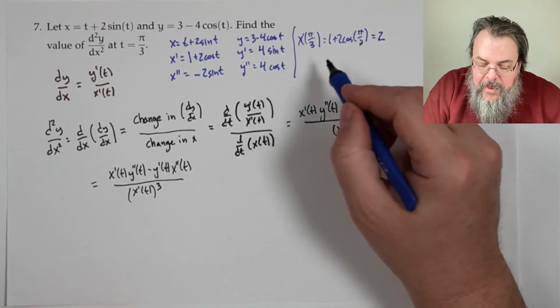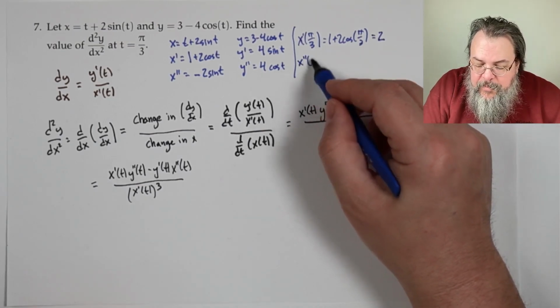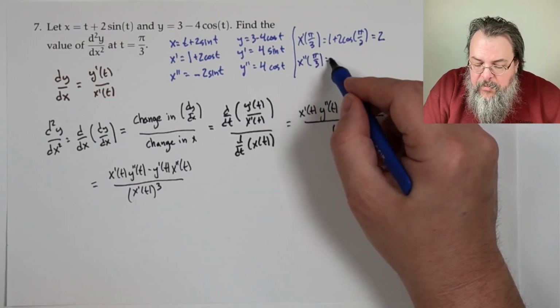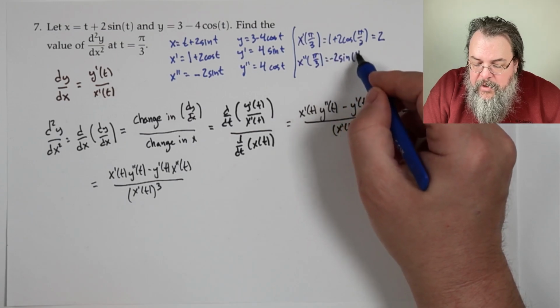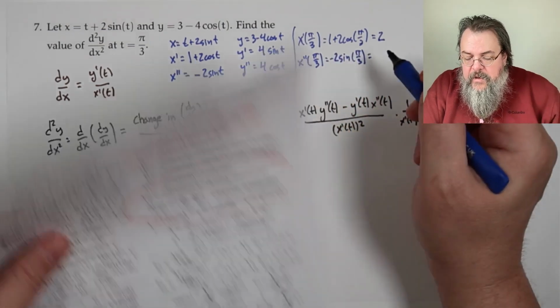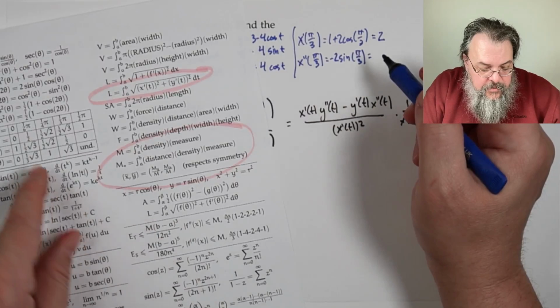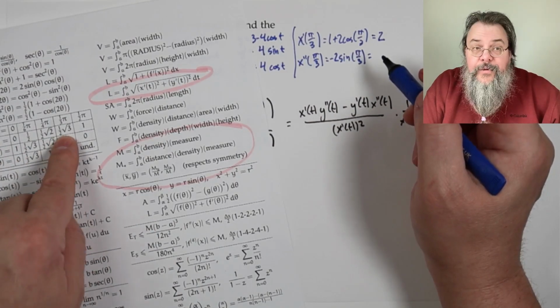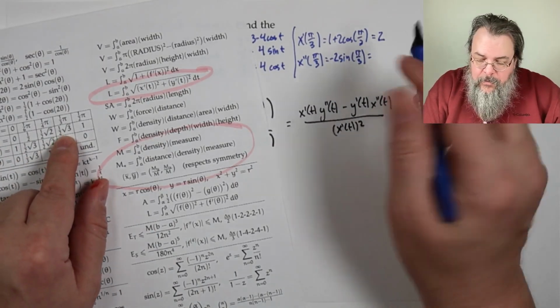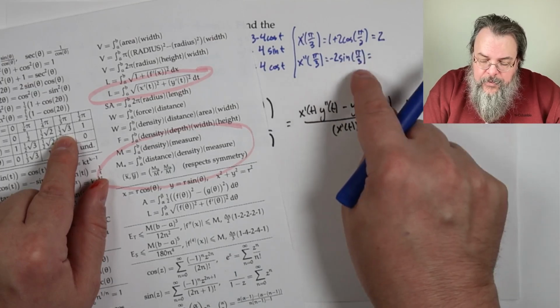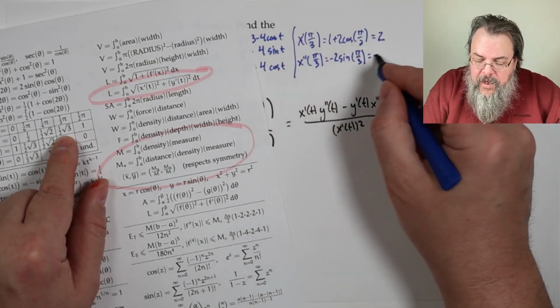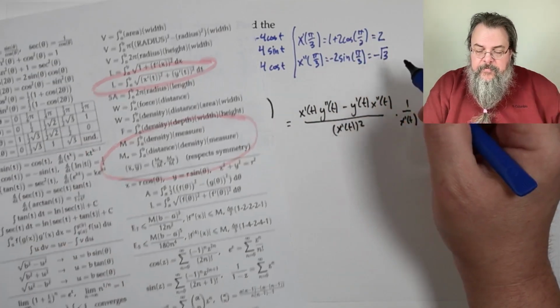Good. X double prime of pi over 3. That's minus 2 sine pi over 3. Okay, and then sine pi over 3 is root 3 over 2. So 1/2 root 3 times minus 2 makes minus root 3. Okay.